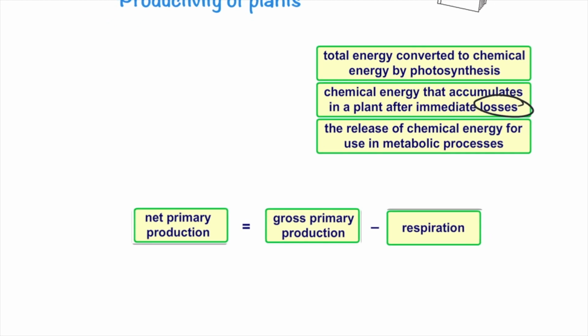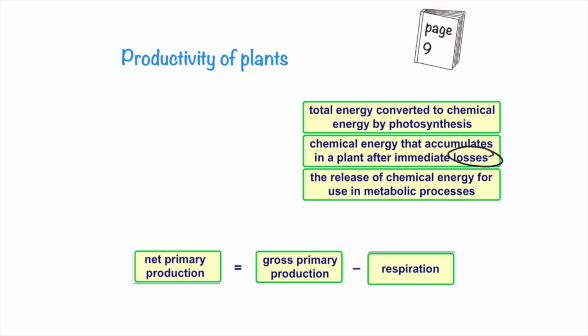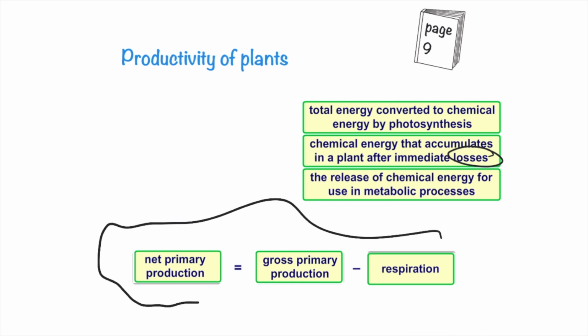This is quite an important formula. It's not only about the calculation. Calculation is quite simple, but it's useful to list this formula while you're writing a long answer related to productivity and efficiency of food chains in general.